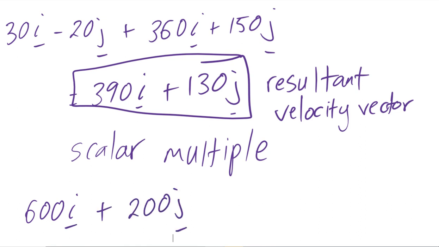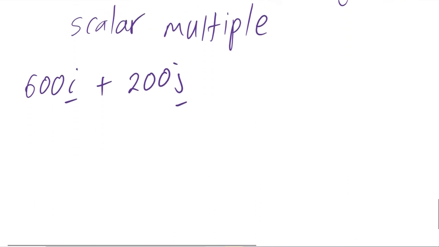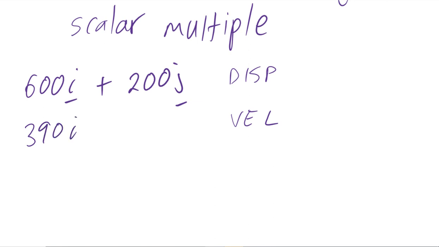And we can actually check that. If I compare the two, this is my displacement vector and this is my resultant velocity vector, they should have a common ratio between my i and my j components.